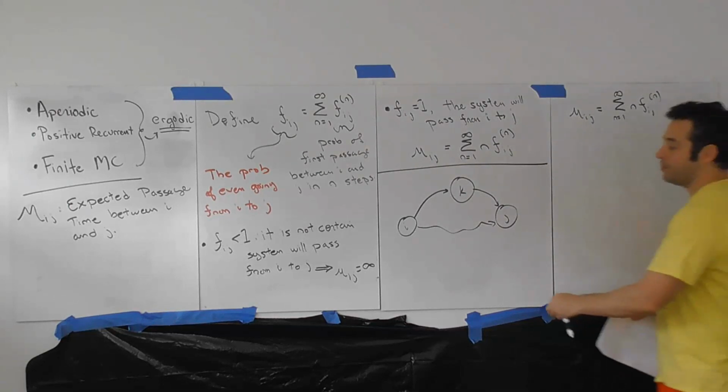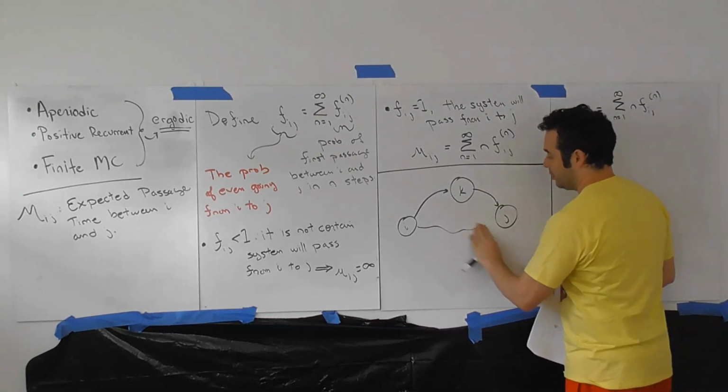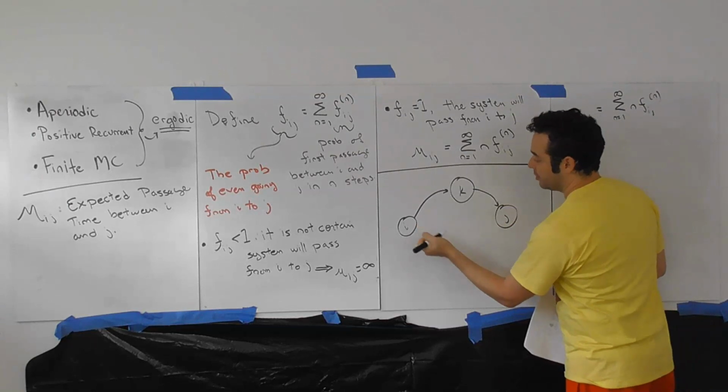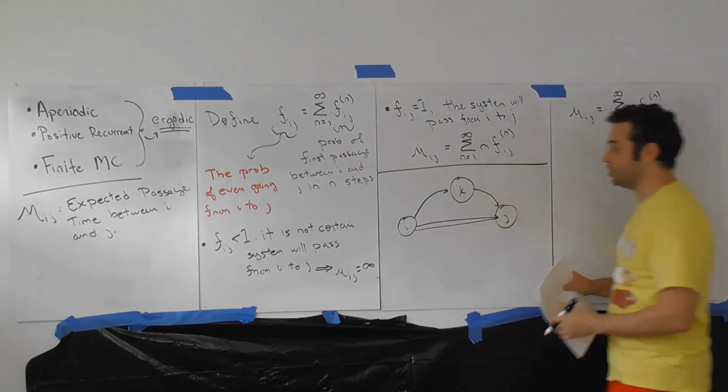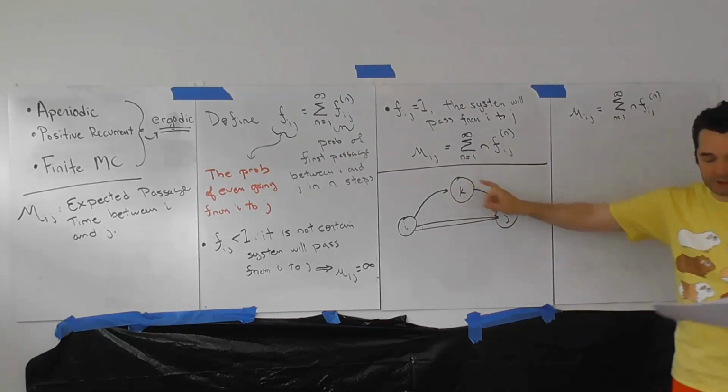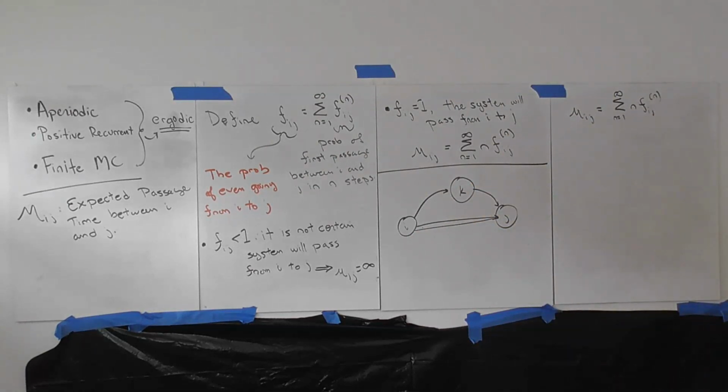So let's say this is a direct link from i to j, or we're going through some third state k.